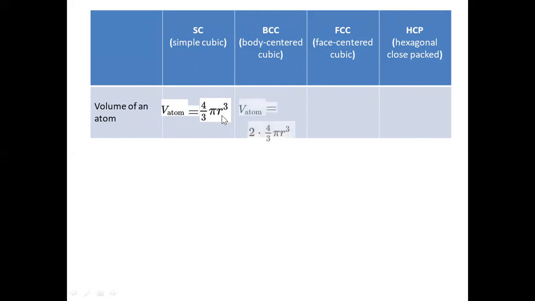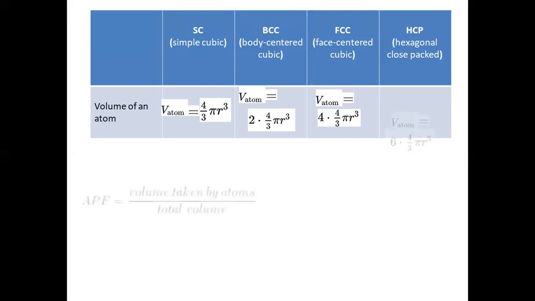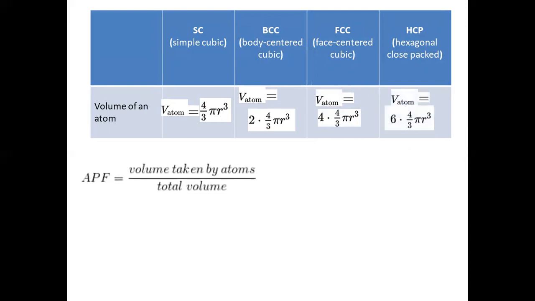For BCC, remember earlier, BCC has two atoms, so the total volume of the atoms would be 2 multiplied with the volume of a spherical atom, four-thirds pi r cubed. For FCC, volume is calculated as 4 times the volume of the sphere. And for HCP, 6 times the volume of the sphere.